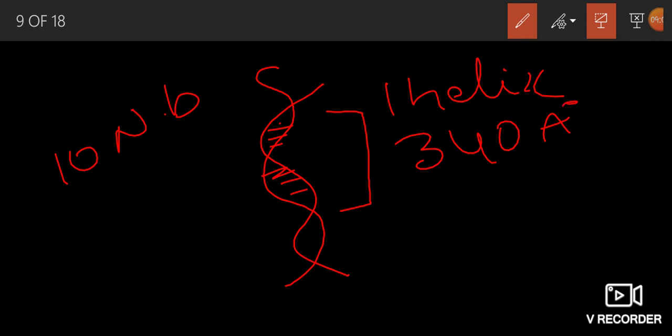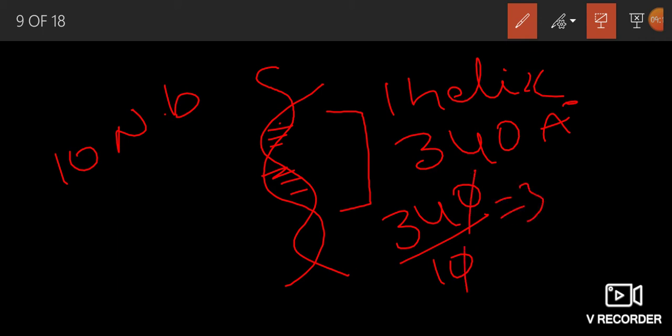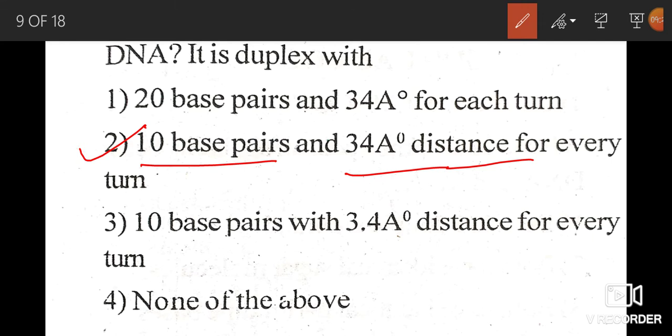So what is the distance in between two nucleotides? It means 340 divided by 10, that equals 34 angstroms. 34 angstroms is the correct one. So second one is the right answer.